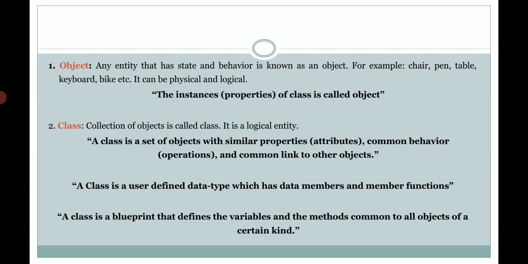The common behavior is the operations of the class. One more definition: a class is a user defined data type which has data members and also member functions. So a class is a blueprint that defines what type of variables and what type of methods are common to all the objects of a certain kind. These are all the definitions of a class.